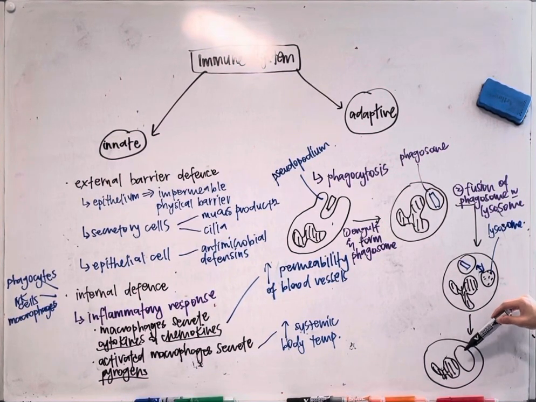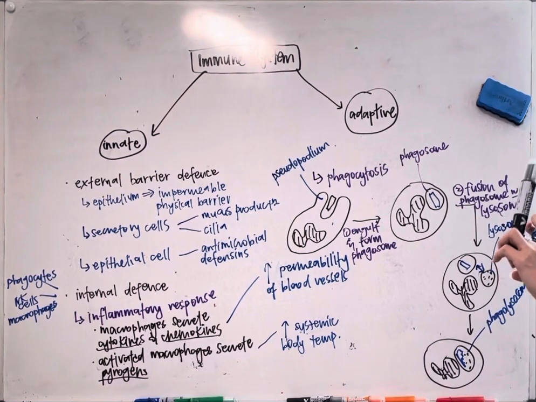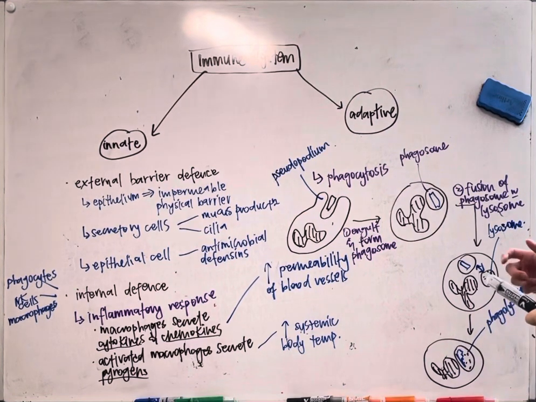When you fuse, you form what? Together it's called what? Phagolysosome. So please remember, it's in your syllabus to know. So, how do you end off? Third one is what?